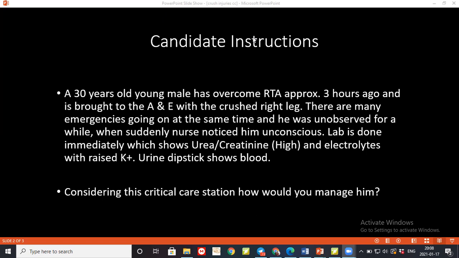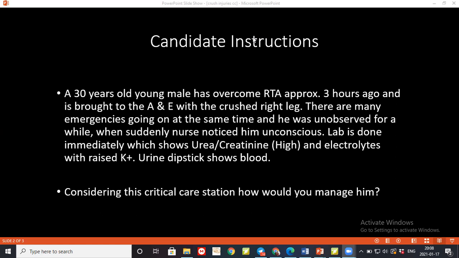Can you tell me why the patient has raised potassium levels and how would you manage that? Okay, there is a raised potassium level because of the intracellular release of potassium. The muscle cells have a high potassium level. So destruction of the muscle cells, which happens during rhabdomyolysis, will release potassium into the bloodstream and cause a raised potassium level.